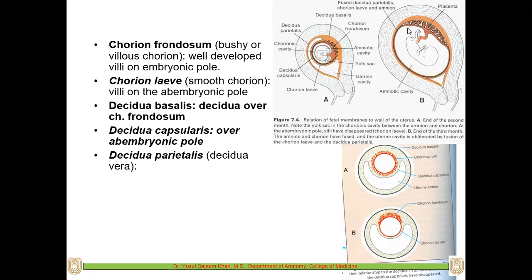With the development of the fetus, all these cavities disappear and the deciduae get connected to each other. But this part, where we have the chorion frondosum and the decidua basalis, will grow into the placenta.